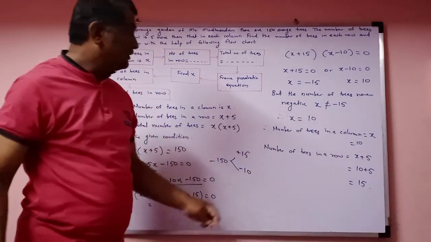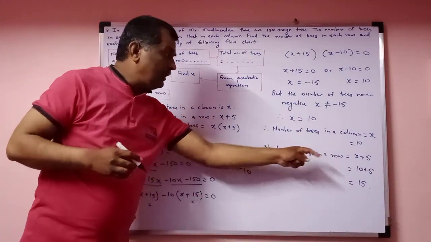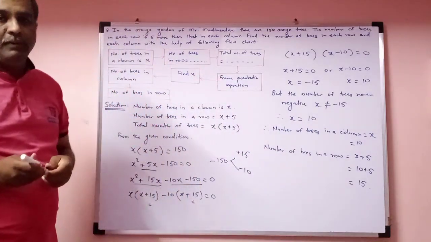Therefore right answer, number of trees in a column is equal to 10 and number of trees in a row is equal to 15.